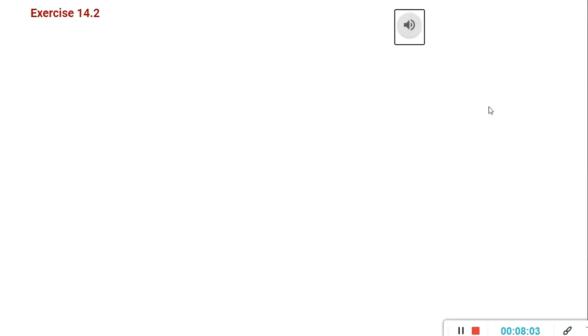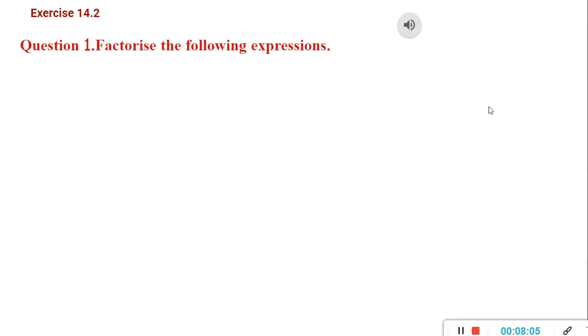Let's start question number 1 of exercise 14.2. Factorize the following expressions. First question is a square plus 8a plus 16. So here three terms are there, so we have to see whether any two terms are in perfect square form, right? Yes, a square is the square of a, and 16 is the square of 4.